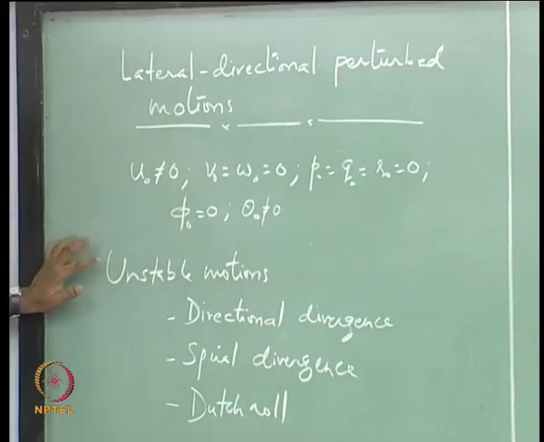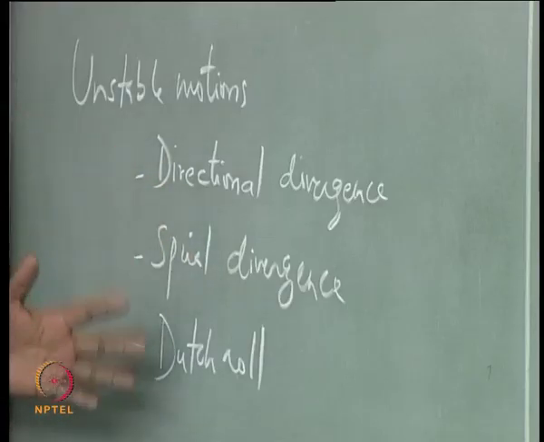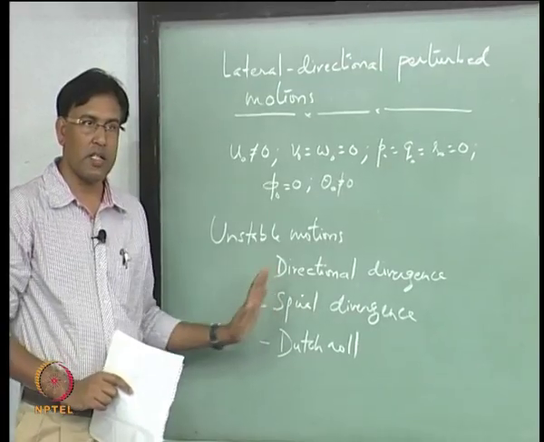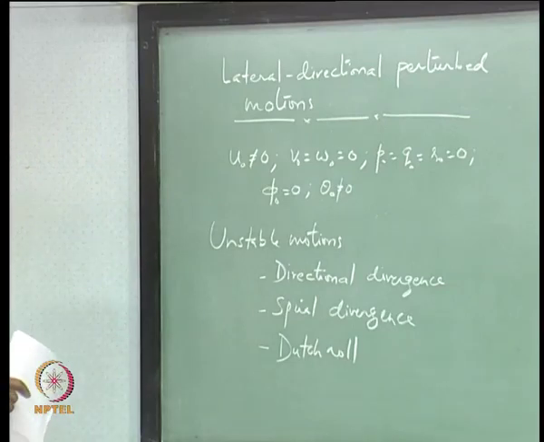Remember, we are talking about here unstable motions. These modes could be stable, right, but in general you will worry about the unstable modes when you are designing your aircraft.